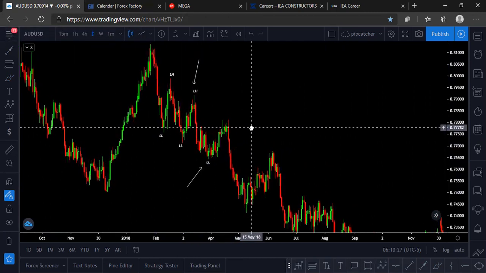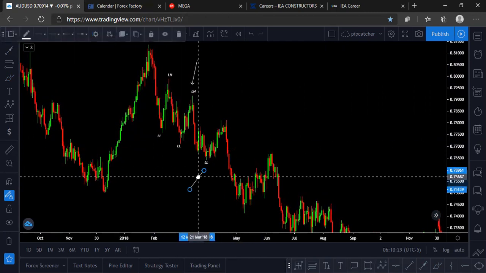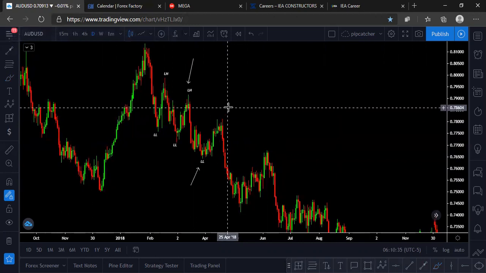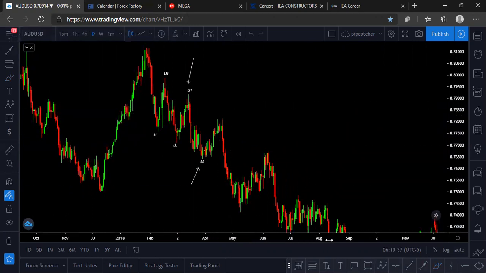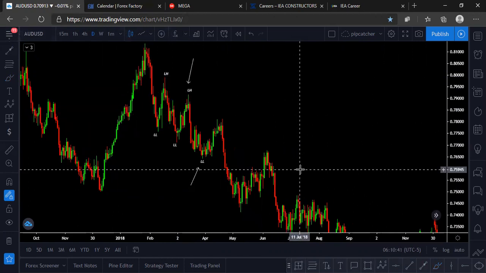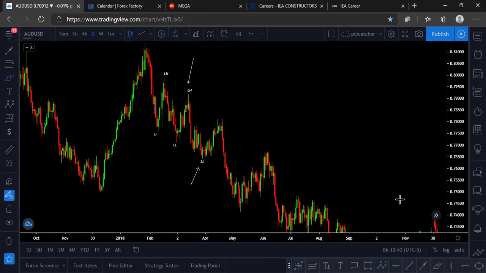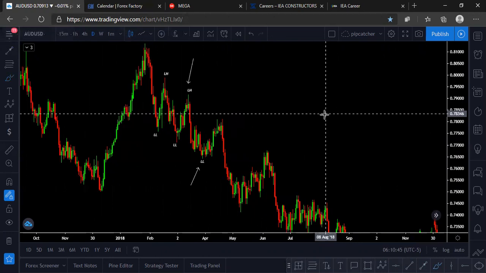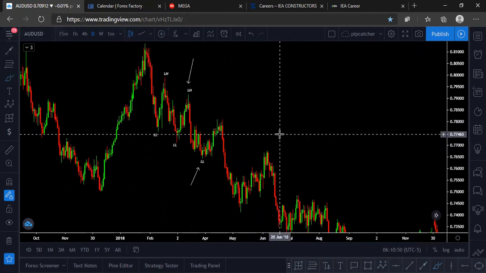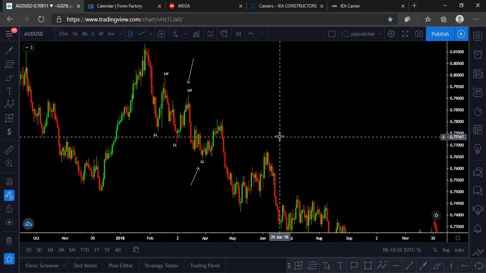Now, as I have mentioned before, in a downtrend, your optimal areas for entry will be lower highs, and vice versa. As in an uptrend, your entry opportunities will be your higher lows, right?